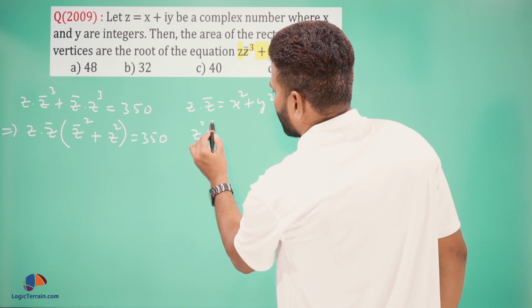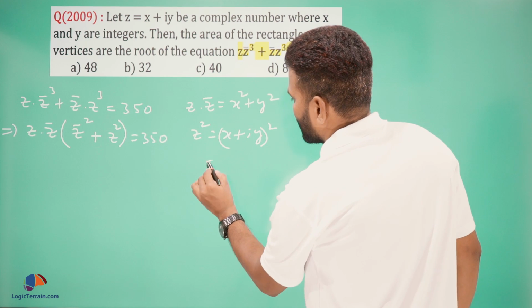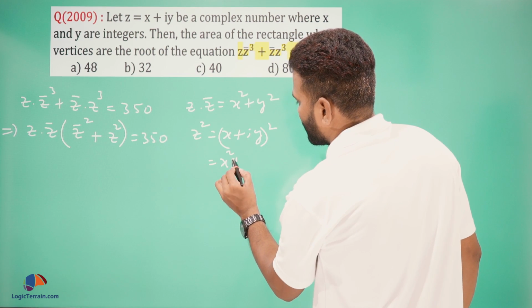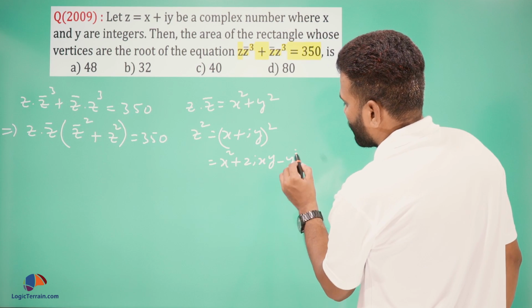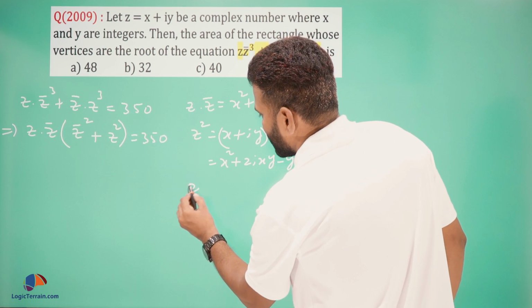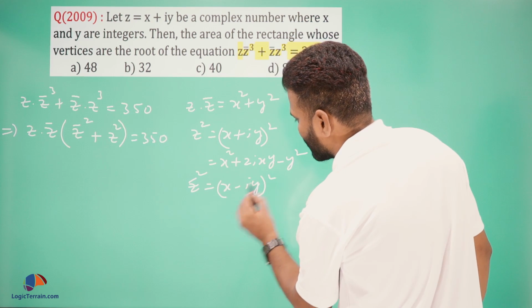First we will find z square, that is x plus iy whole square. This becomes x square plus 2ixy minus y square. We will find z bar square, that is x minus iy whole square.